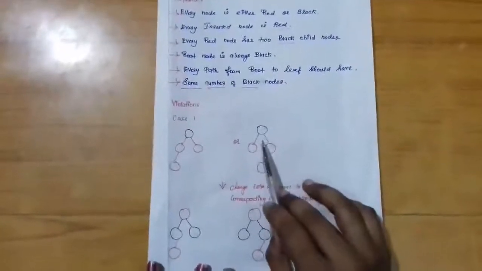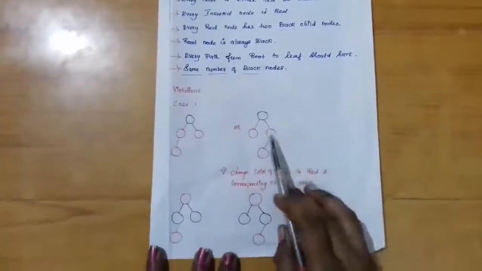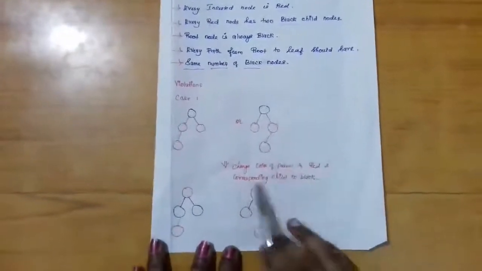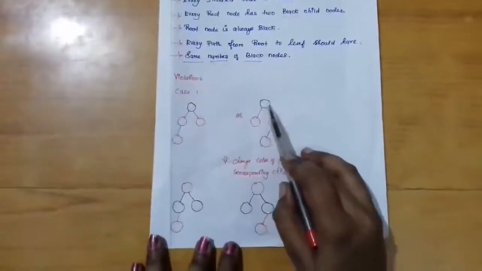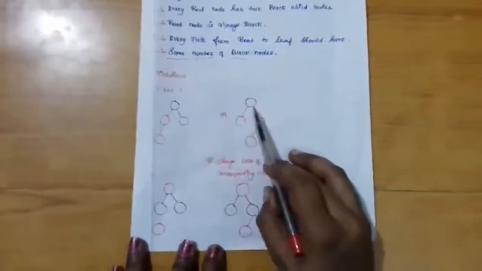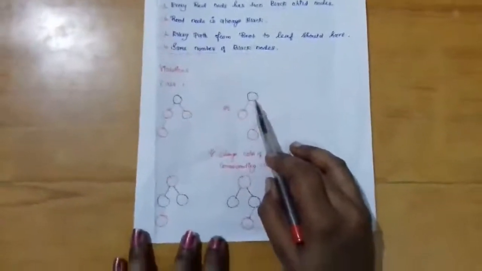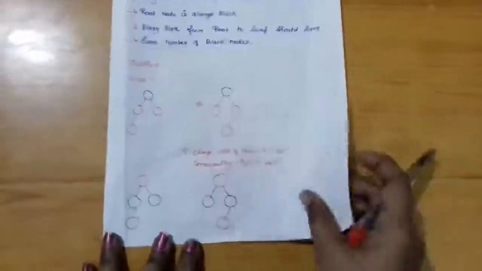The action we need to take to recover from this property violation is to change the parent node's color to red, and subsequently change the child node's color. If the parent node color is changed to red, then the child node's color should be changed to black. So this is case 1.